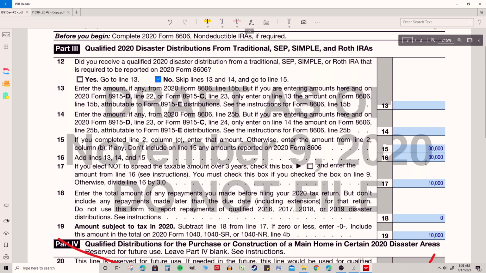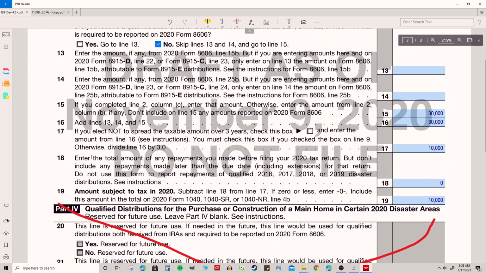It says then add lines 13, 14, and 15. We had nothing up here, so we're just going to add line 15. This is 30,000. It says if you elect not to spread the taxable amount over 3 years, once again, then check this box. So we could, if we wanted to, pay 30,000 all at once, but we want to pay this over a 3-year period, so we're just going to not check this.